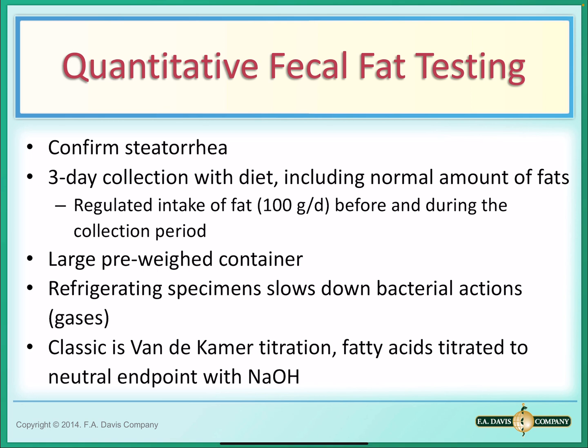The method used routinely for fecal fat measurement is the Van de Kamer titration, although the gravimetric, near infrared reflectance spectrometry (NIRS), and the nuclear magnetic resonance spectroscopy methods are also available.